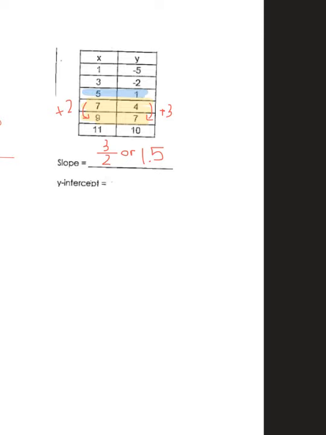And so my equation, y equals mx plus b, start with the y equals, substitute in your slope, 1.5 x plus b. Now I chose that 5 and the 1, so that would give me 1 over here, equals 1.5.